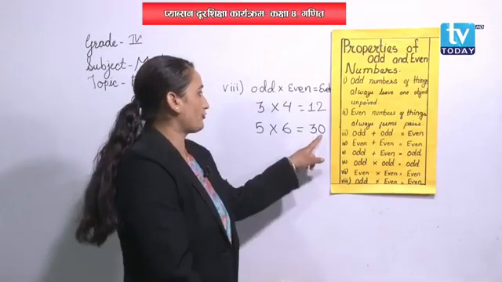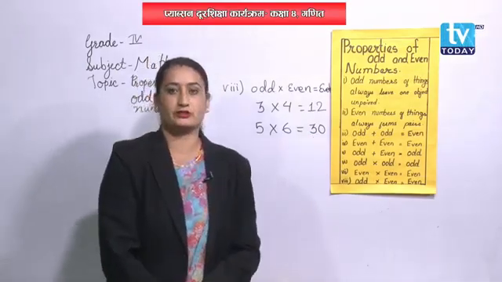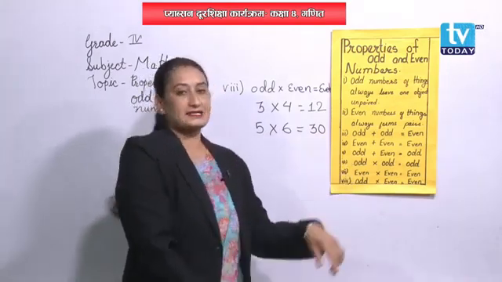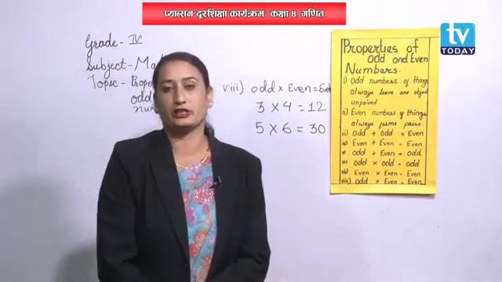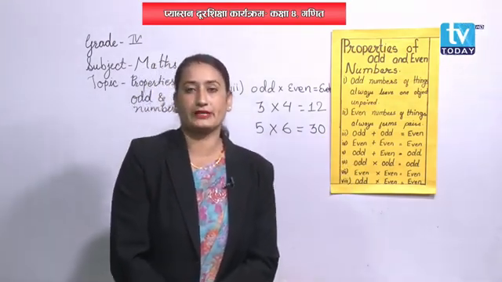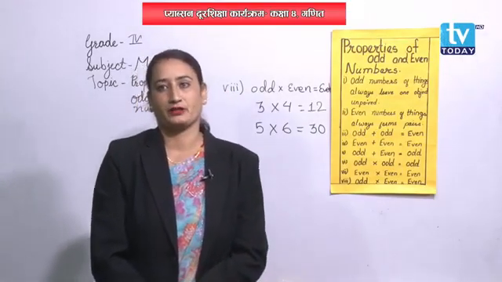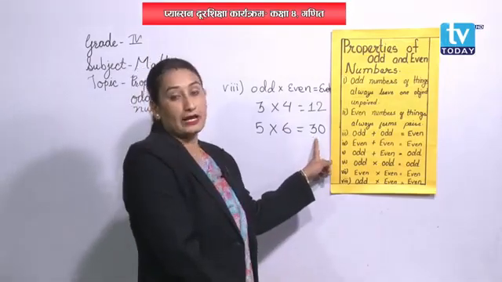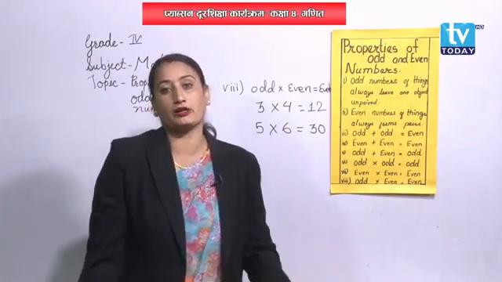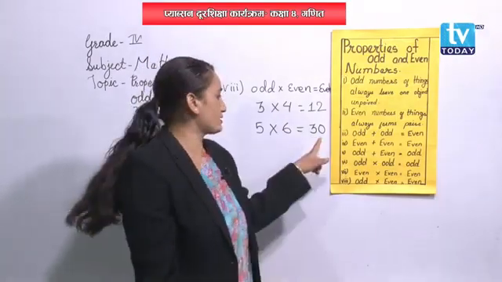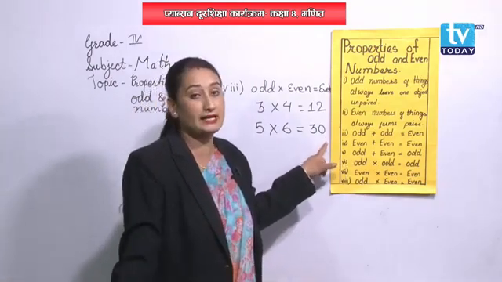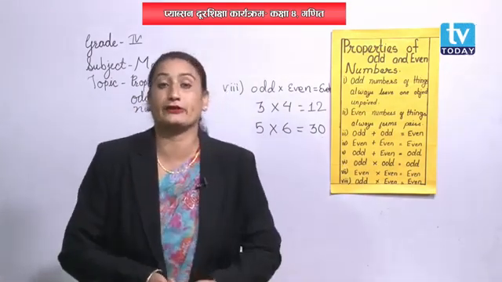Please don't get confused with the 0. If the 0 comes at the back side, then it always denotes an even number. So don't get confused. It doesn't matter whether the front number is odd or even. Always, if the 0 comes at the back side, then it will be an even number.